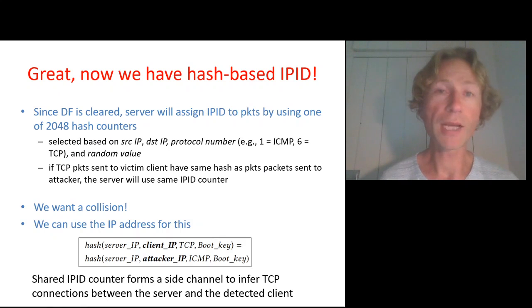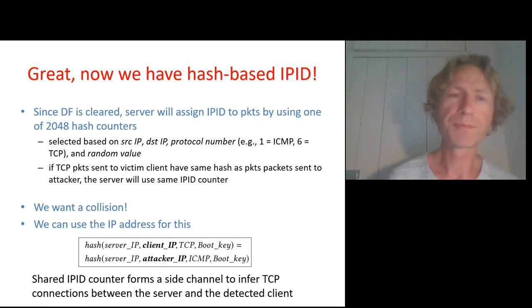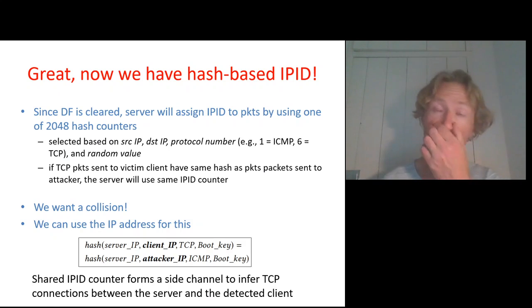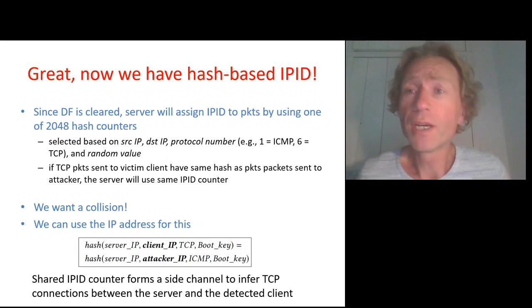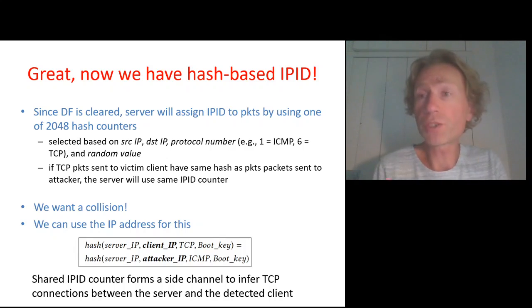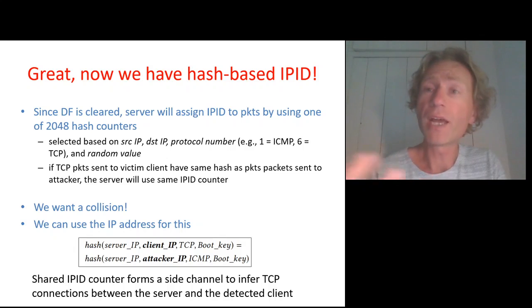So now we have this hash-based IP ID, because the server will assign these IP IDs by using one of those 2048 hash-based counters. That's still a large number of counters, right? So if we want to use this as a side channel, we have to make sure that we have the same hash-based counter as the victim uses.